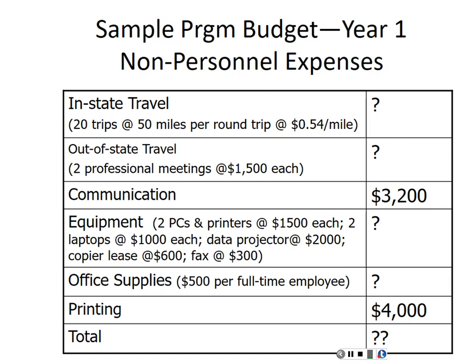Okay, so in budgets, typically, funding agencies will accept anywhere between $1,500 to $2,000 per out-of-state trip. Okay, so you don't have to figure out the hotel and the airline ticket, and you can bundle it up like this. So again, if your director is gonna go to one professional meeting, and if your evaluator is gonna go to another professional meeting, you determine the number of out-of-state trips that they will be making and multiply it by the average per trip.